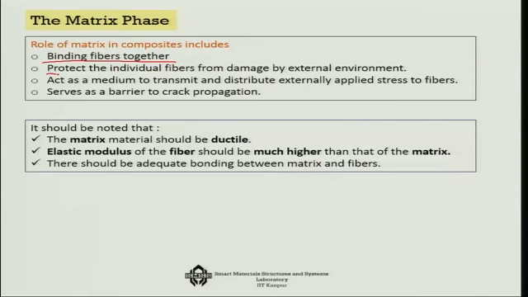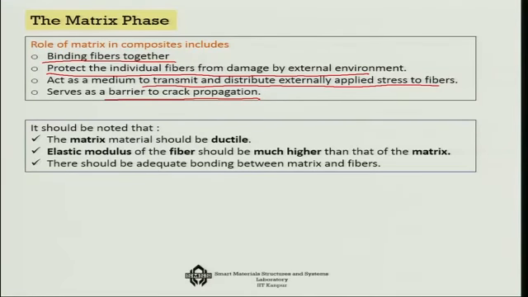Also, it protects the individual fibers from damage by the external environment, and it acts as a medium to transmit and distribute externally applied stresses to the fibers, and it serves as a barrier to crack propagation. So it has a lot of roles. The matrix not only helps the fibers, but also itself works as a barrier to crack propagation.